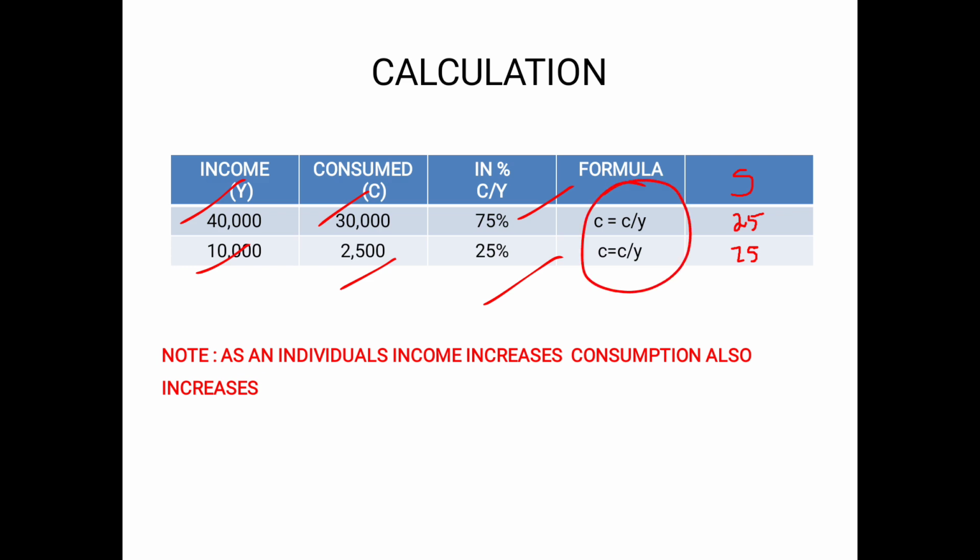Here 75% is used for consumption and 25% of it is again spent for consumption when your income increases by 10,000 rupees. So what does it tell you? When the income of an individual increases, consumption also increases.